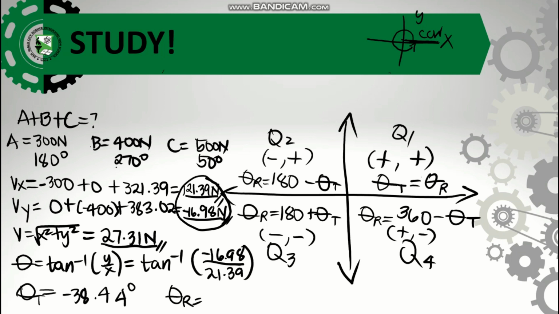Ngayon, tignan po muna natin si Vx and si Vy para malaman natin kung ano yung reference niya. Since positive si x and then negative si y, siya ay pumatak sa quadrant 4.